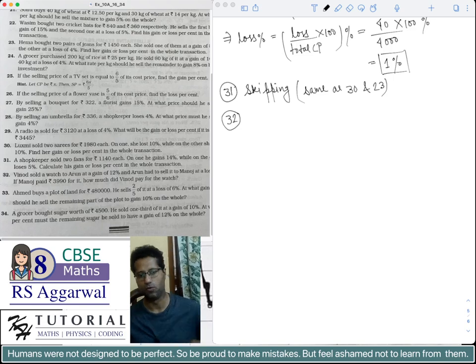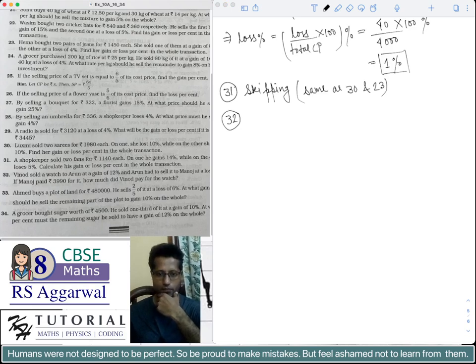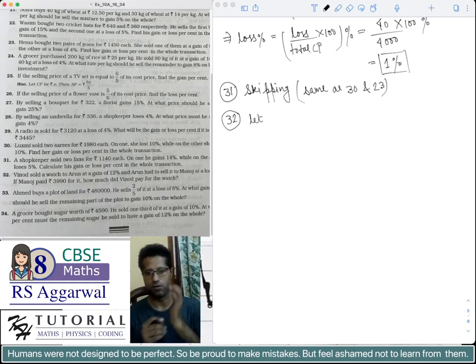So first the watch was purchased by Vinod. Then Vinod sold the watch to Arun at a gain of 12%. Okay, so let's solve the problem step by step. Now when it is asking how much did Vinod pay for the watch, basically it is asking what was the cost price of the watch.